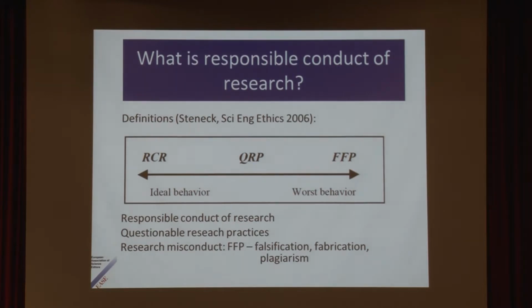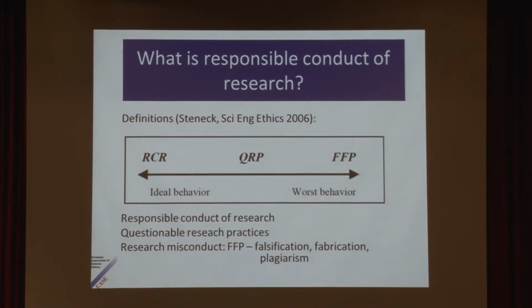This is called FFP, or the 3 major frauds. This is really a crime: you either invent data that didn't exist at all, that is, you fabricate data, or you falsify data, which means you change your data so that it fits your purpose. So some things are not clear, so I will change this number, delete that number, add this little number so that I get a p-value less than 0.05 and my results are significant, and then I'm going to send it to a journal.